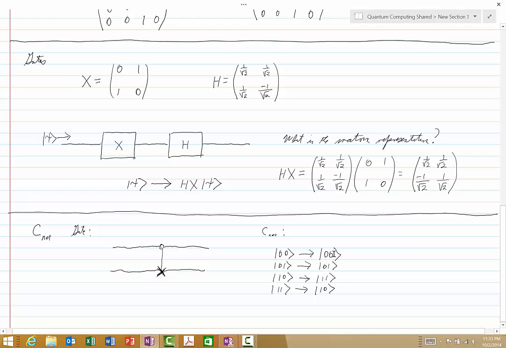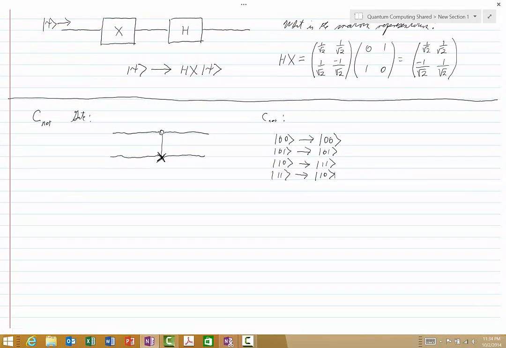It's just the second bit that may or may not get changed, and whether or not it gets changed depends on the value of the first bit. So an interesting question here is to ask, well, what would be the matrix representation of the C0 gate?